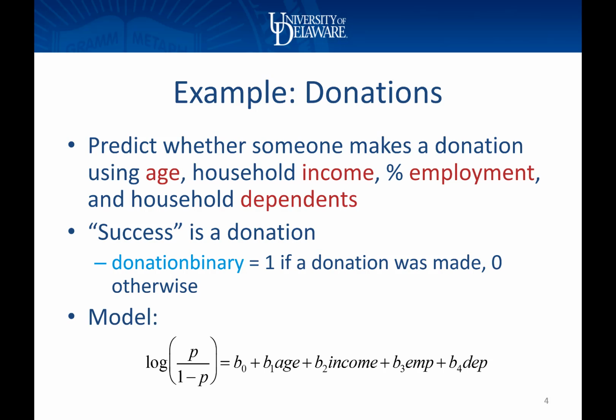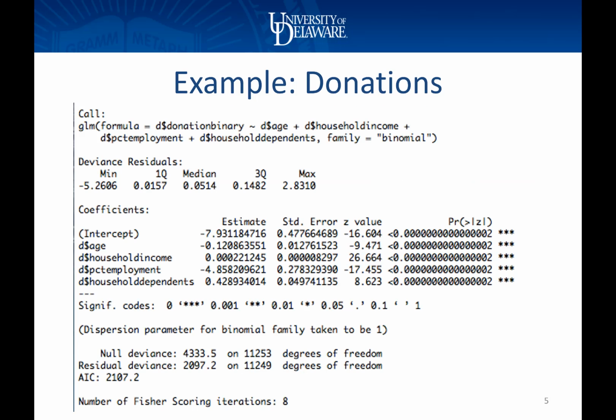So the model will look like this, with the log of the odds ratio equal to an intercept plus slopes in front of our 4 predictor variables. Now, writing the model, we would need to label P. P is the probability of receiving a donation. When we run this model in R, this is the output. You can see our coefficients and slopes, our intercept and slopes are all significant.